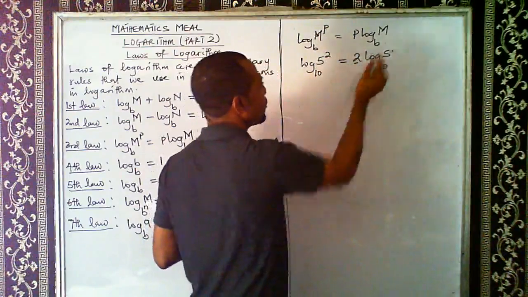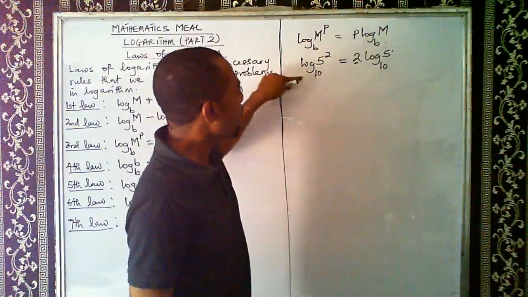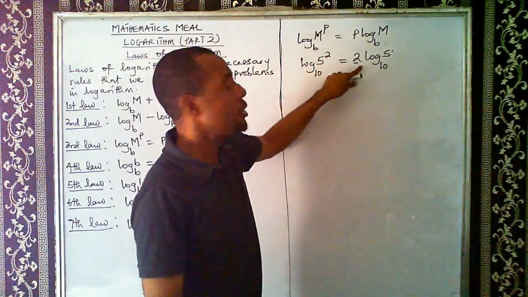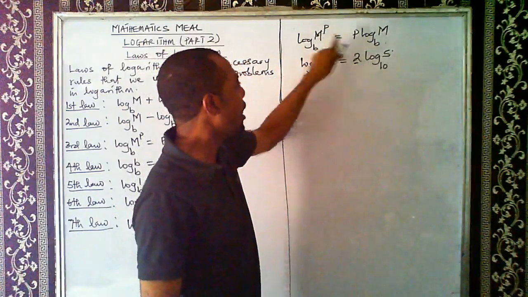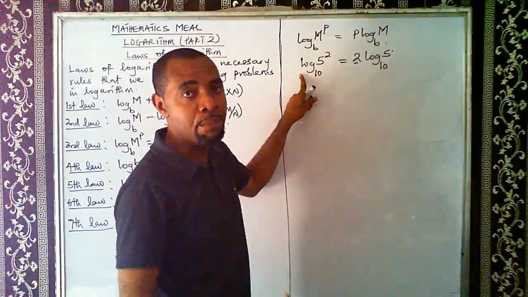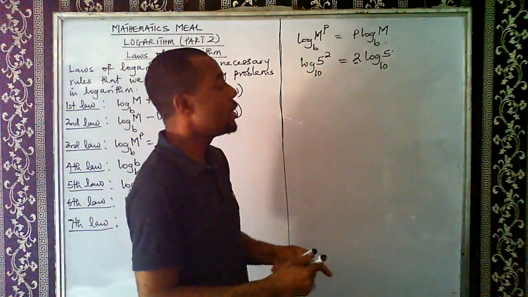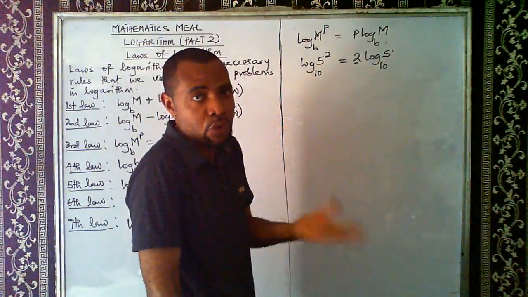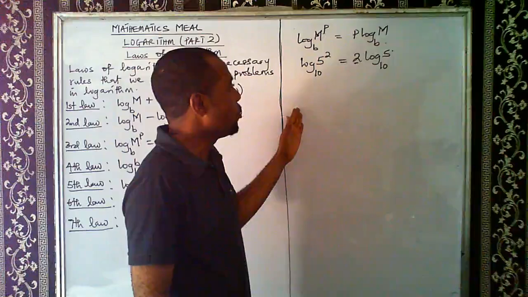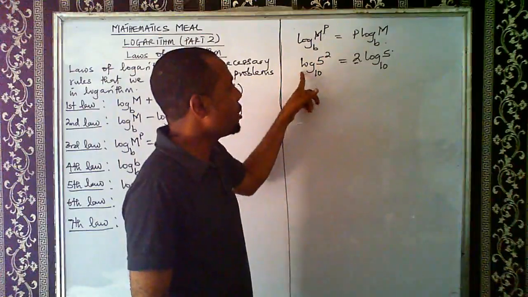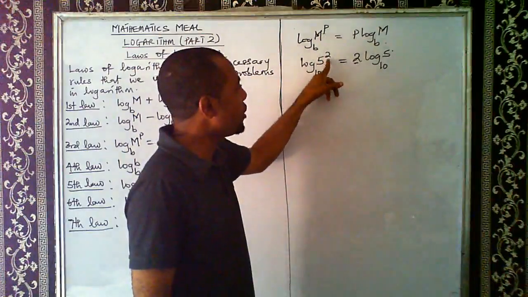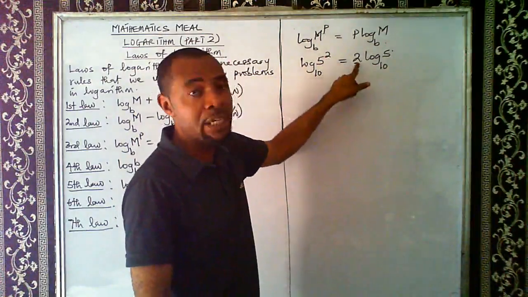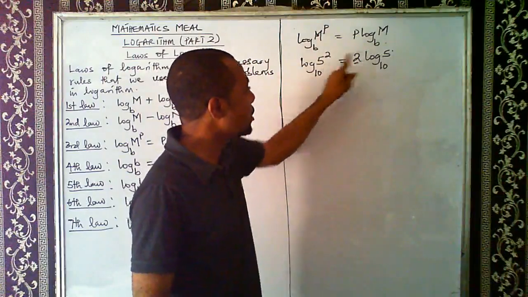This 2 is the power of this number. So if we have a logarithm in this form, I can write it in this form, and if it is in this form, I can also write it in this form, depending on what I want to achieve. If writing it in this form will help me simplify the problem, good, I will put it in this form. But if I leave it in this form, I will not be able to get what I'm looking for. That means I need to transform it from this to this.